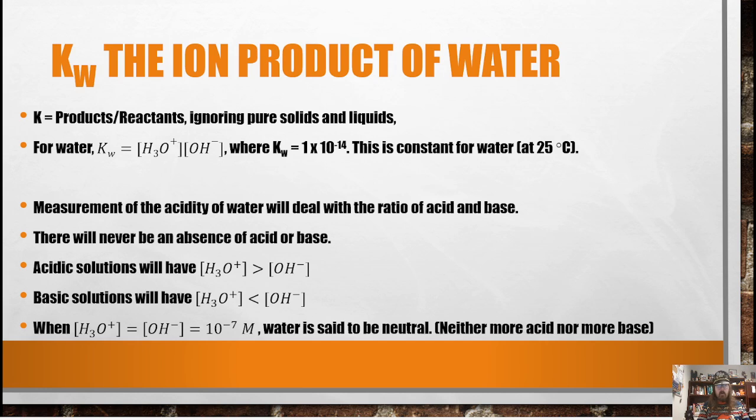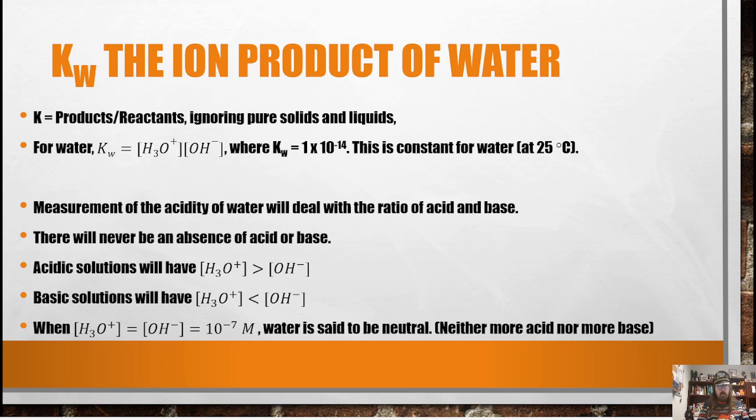So this is a very, very small value. But what we can see is that since this is equal to just two things, they're interrelated. We have hydroxide and we have hydronium, but as one goes up, the other must go down.